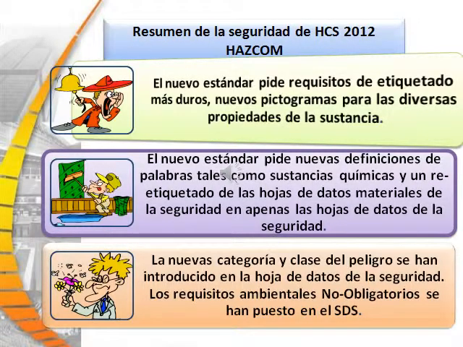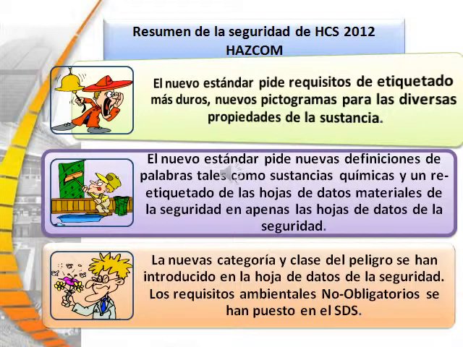HAZCOM Safety Summary. The new standard calls for tougher labeling requirements, new pictograms for various substance properties, as well as new definitions for words such as chemicals, and relabeling of safety data sheets. The new hazard category and class have been introduced into the safety data sheets.